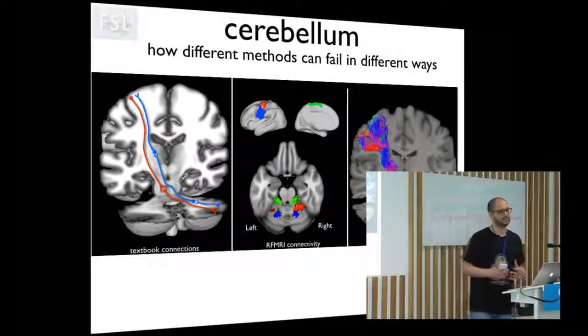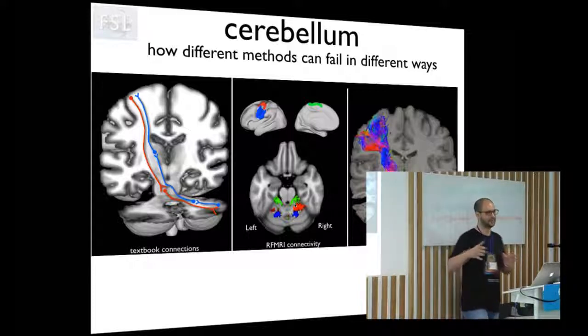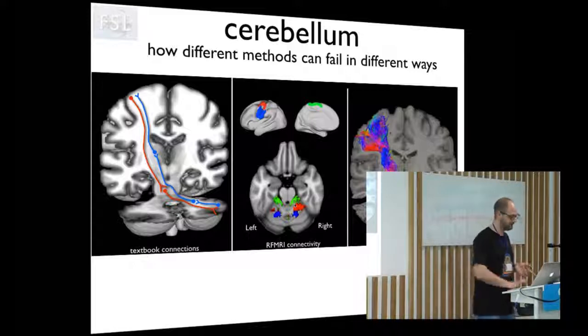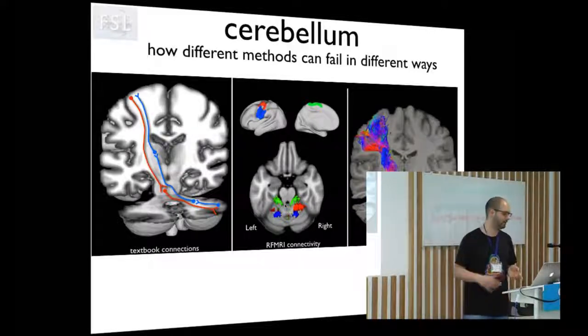But even here, functional MRI can't help you, because functional MRI doesn't have a clue about laterality, right? If it sees a correlated activation in both hemispheres, it will give you that. So fMRI is also not capable of helping you in distinguishing this decussation behavior of white matter fibers.